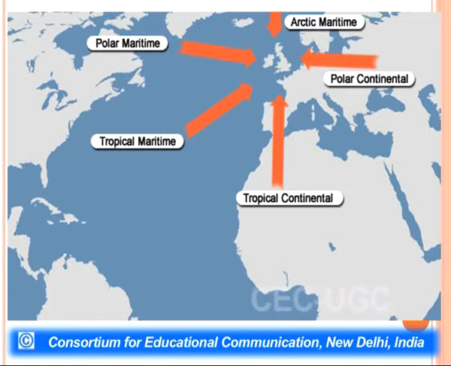Number 1, polar continental air mass, CP, which develops over the northern part of the Europe continent in the polar area. At the source region, it is cold, dry and stable.